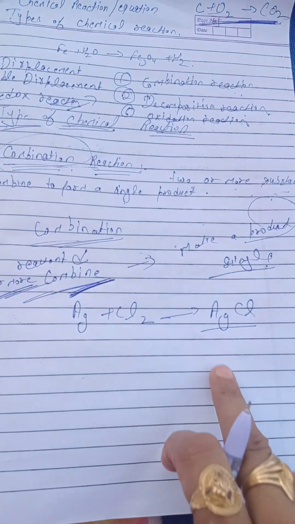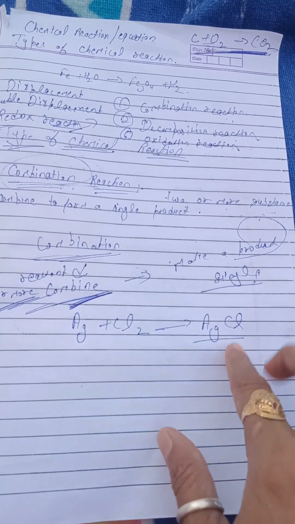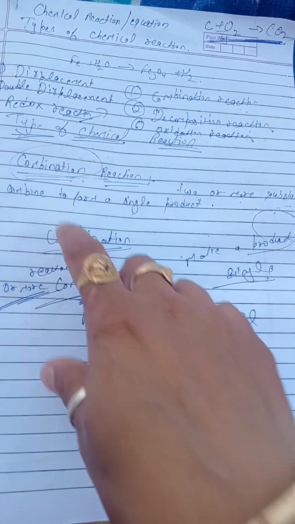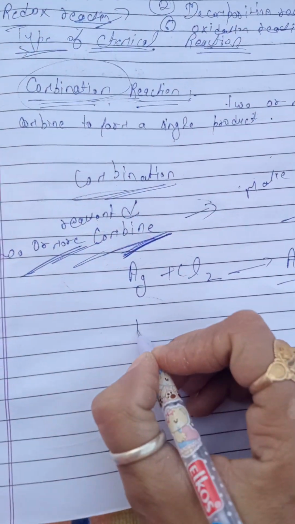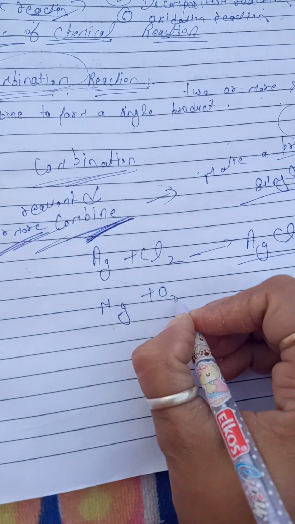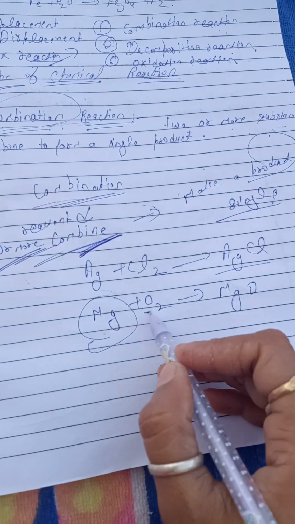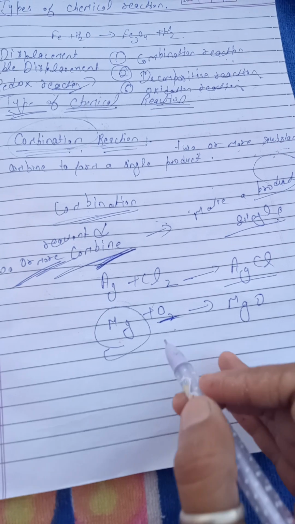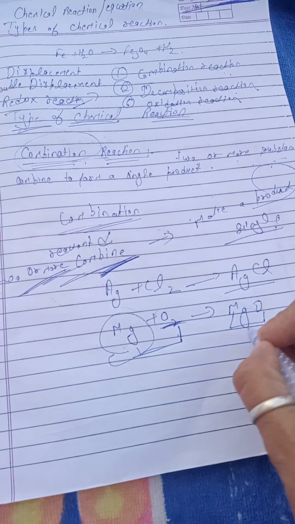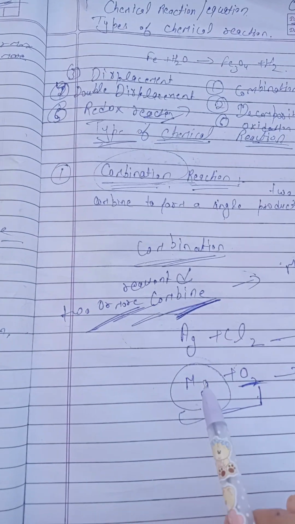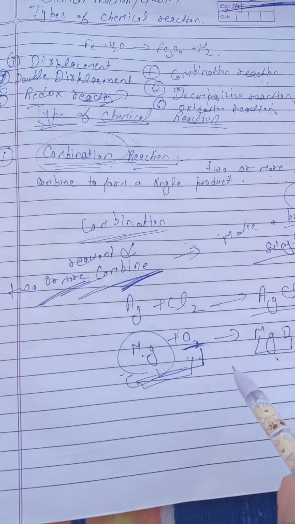So when two or more reactants are converted into a single product, the reaction is called a combination reaction. Another example is Mg plus O2 gives MgO. Here Mg is magnesium and O2 is oxygen. When magnesium is combined with oxygen, it gives magnesium oxide. It means when two or more reactants combine, they form a single product.